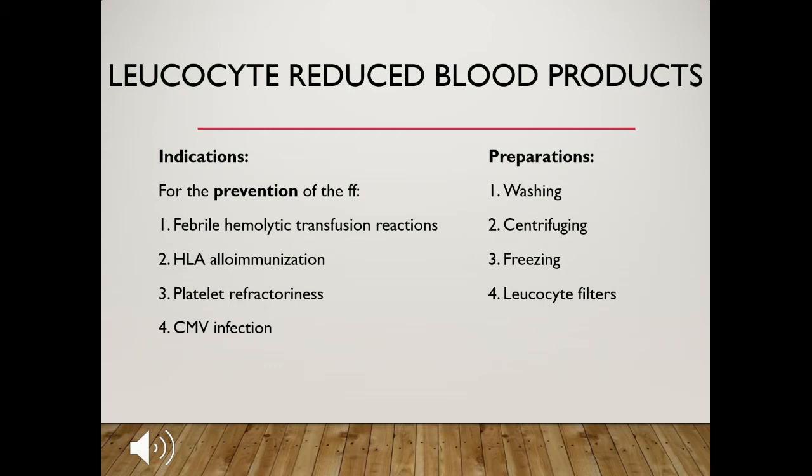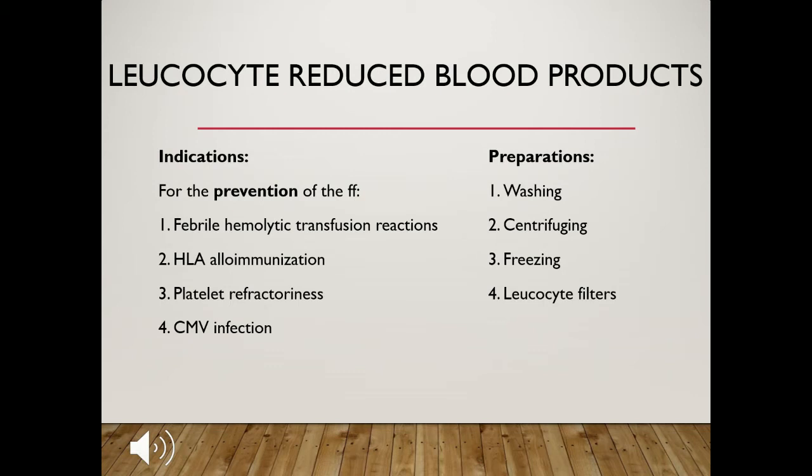Okay? Second, we want to prevent HLA alloimmunization. This is defined as the formation of antibodies to non-self red blood cell and platelet antigens, causing refractoriness to platelet or RBC transfusion.